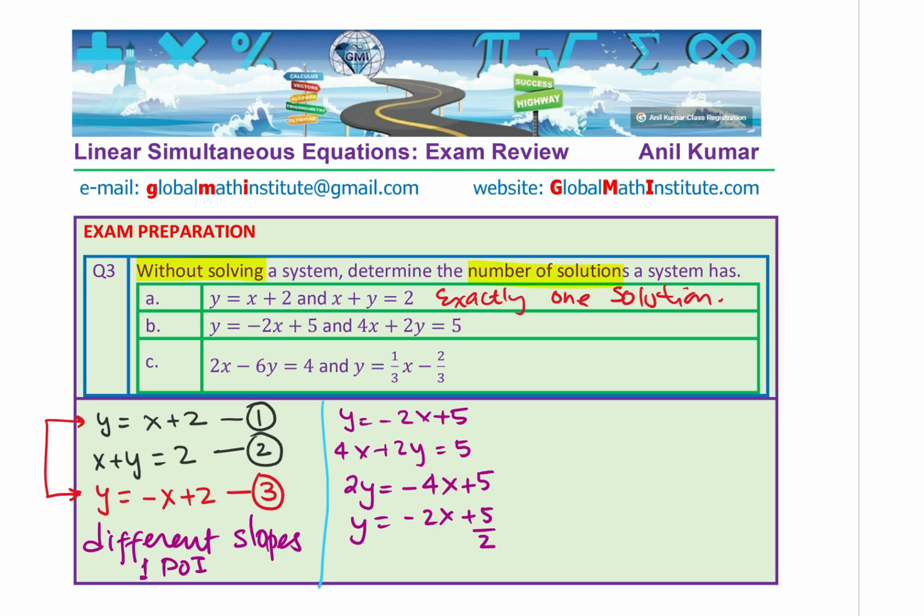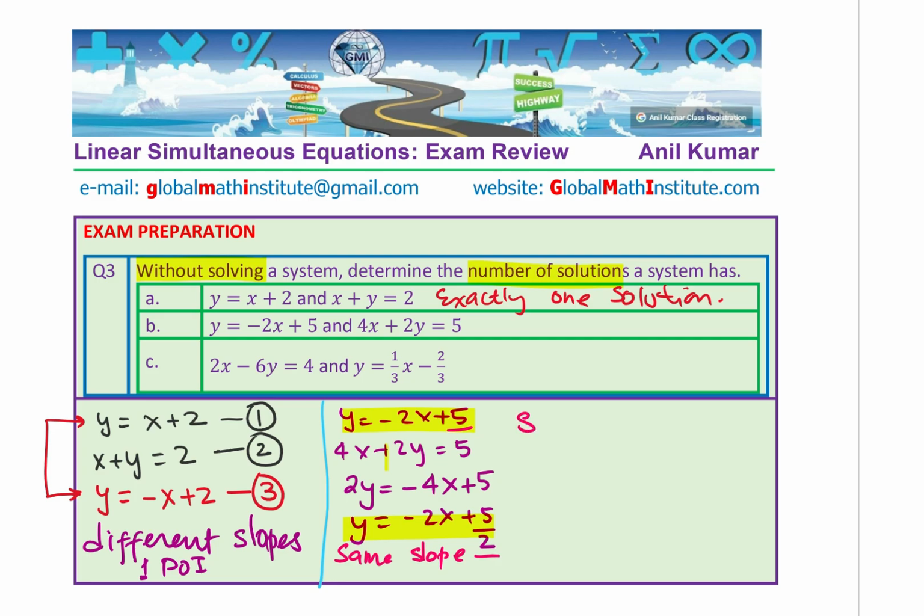Now if you compare the given equation number 1 and the second, which we changed into slope-intercept form, what do you see? They have the same slope, but they have different y-intercepts. See, the y-intercept is different, correct?